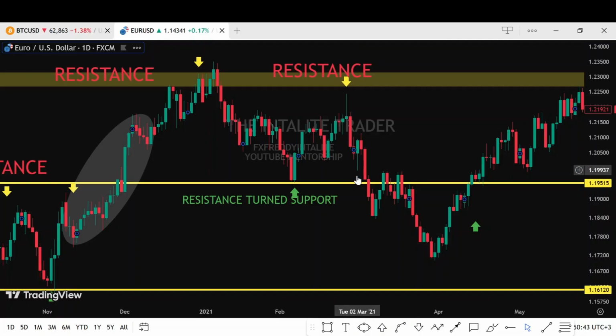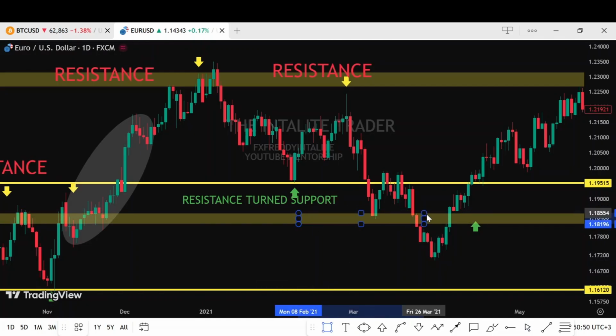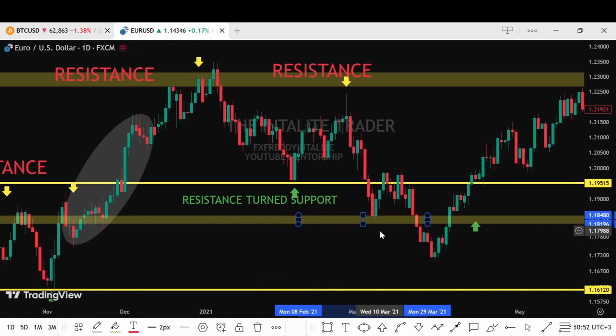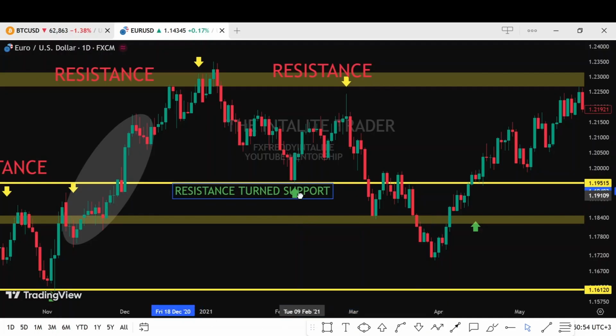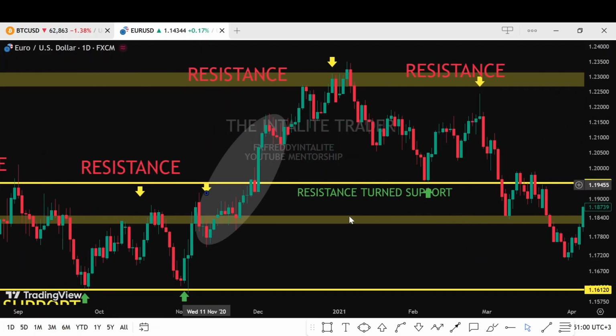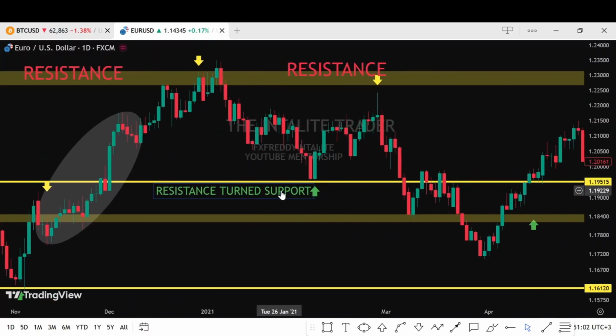So when price trades lower here, we shall say this level here. And because we broke this support, remember previously it was resistance here, but it came and became support, which forced the market to trade higher.